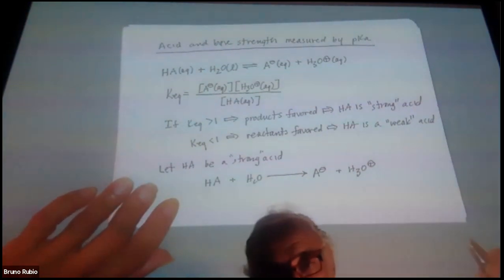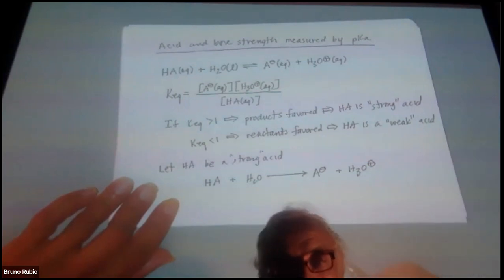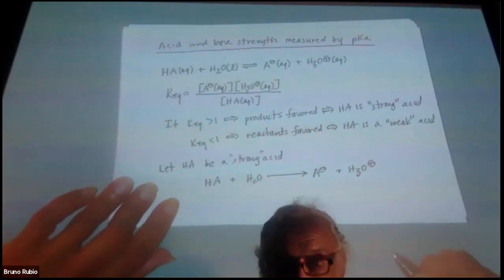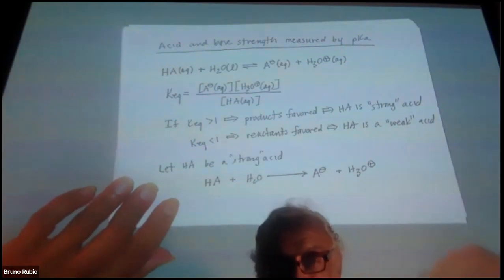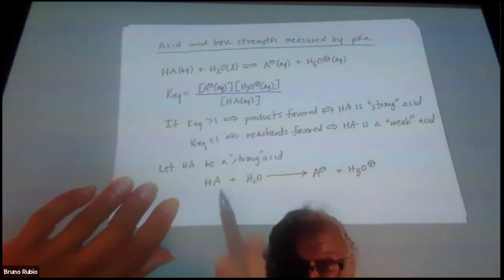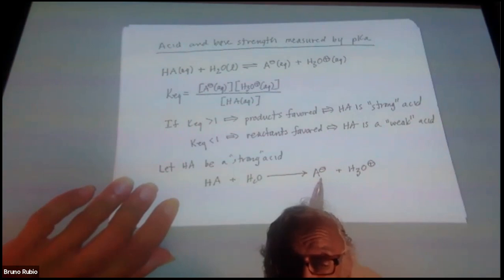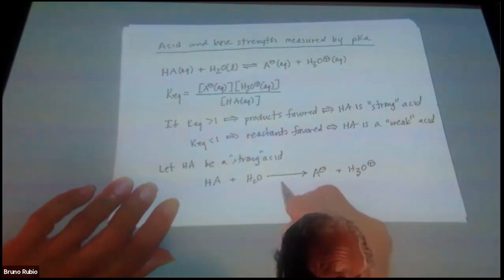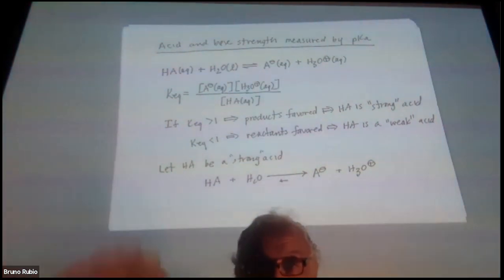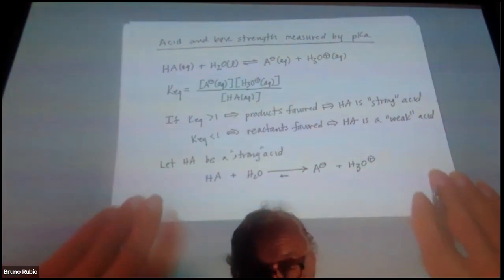But we have to keep in mind that the acid-base reaction is an equilibrium process. So there's also a back reaction. But because HA is a strong acid, at equilibrium, there's very little HA left. It's all given up its proton to water, becoming A minus. So I'm going to portray the back reaction with this little wimpy arrow in this direction.